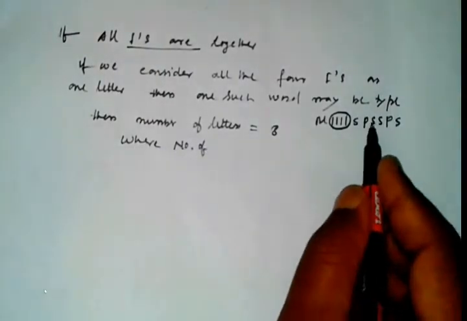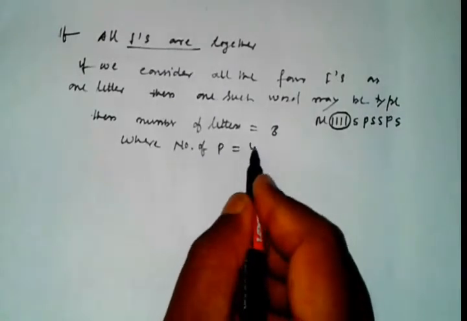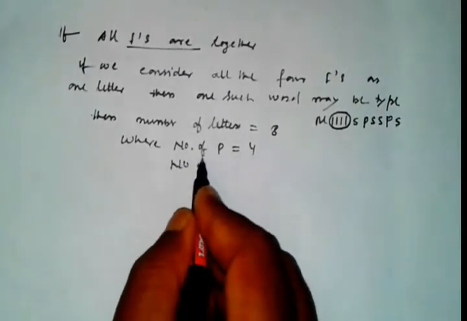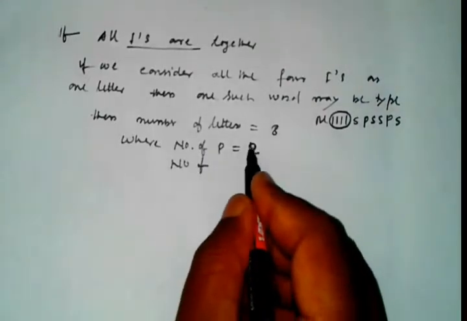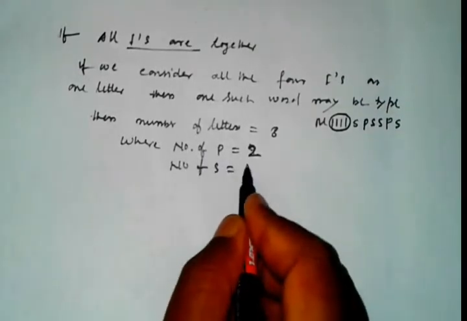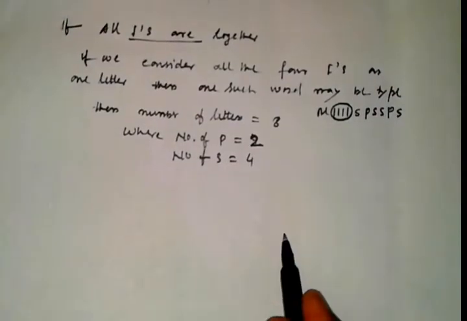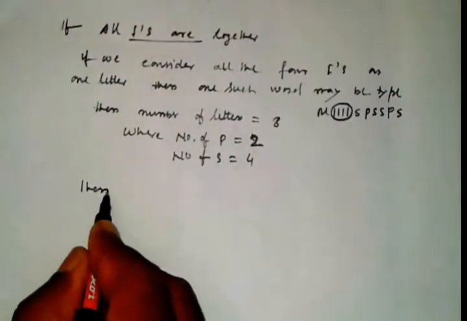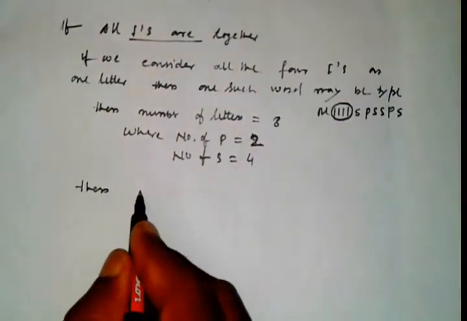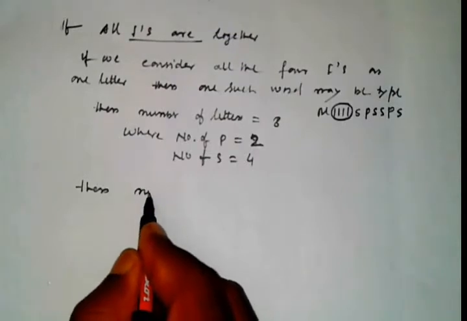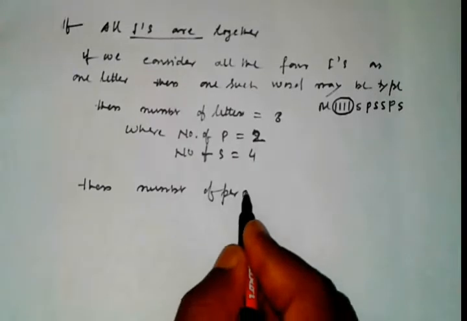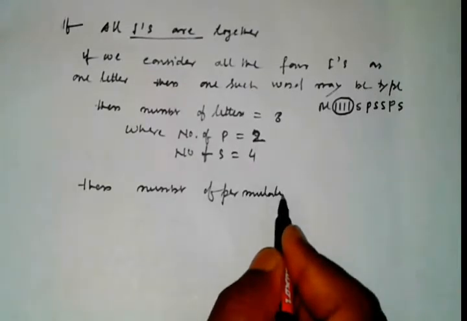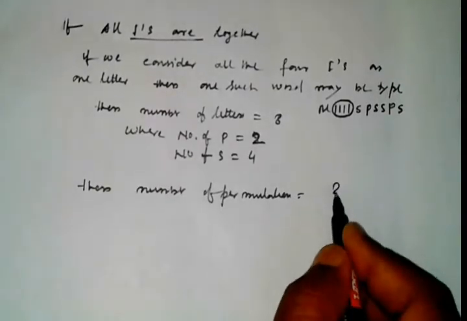Where number of S is equal to 4, number of P is 2. Then the number of permutations is equal to factorial 8.